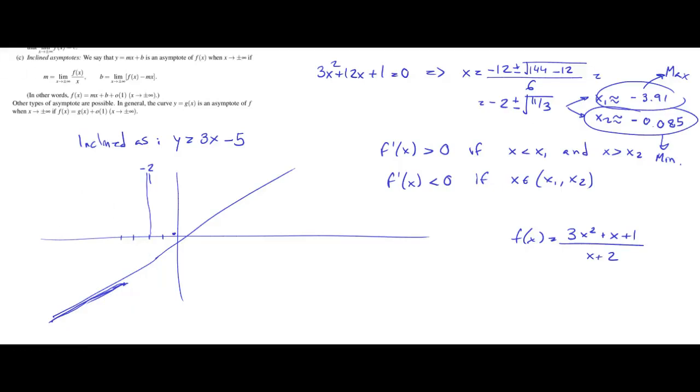So you can see the concavity, so this is a function that's going to be concave on the left of the asymptote, and then it's going to be convex on the right of the asymptote, right? And this is the function 3x minus 5, right? So this is what the function looks like, more or less. Okay.